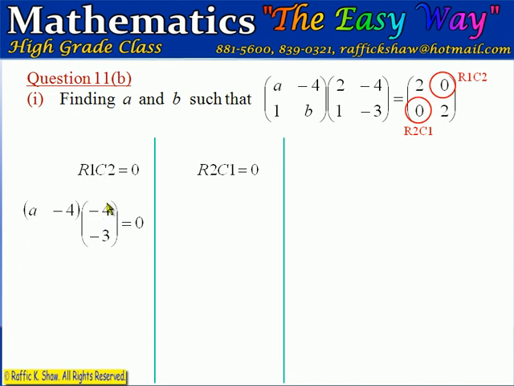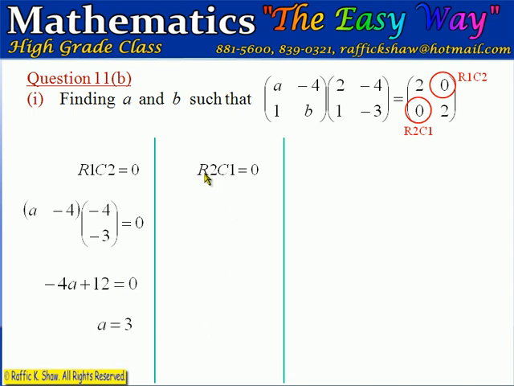This multiplied by this plus this multiplied by this is equal to 0. Let's show that calculation. That is a multiplied by -4, that's -4a, and -4 multiplied by -3, that's positive 12, is equal to 0. And so if -4a + 12 is 0, it means that a is equal to 3.